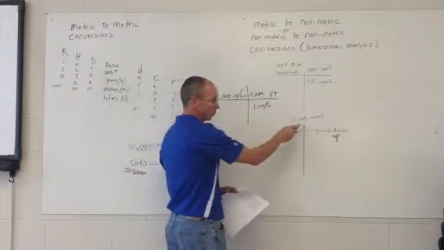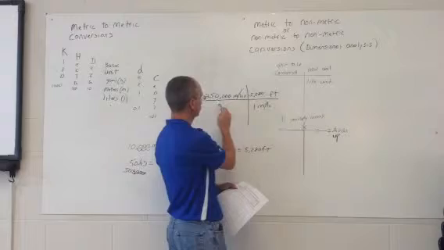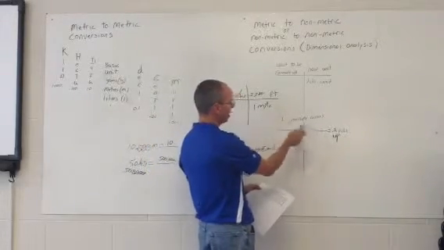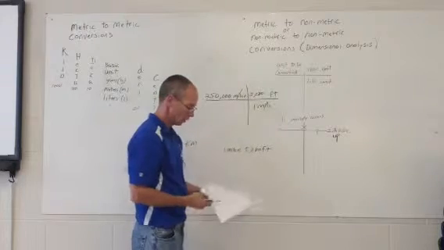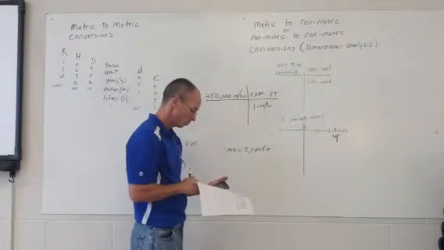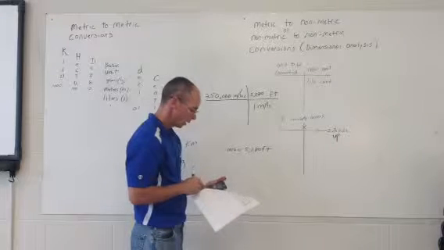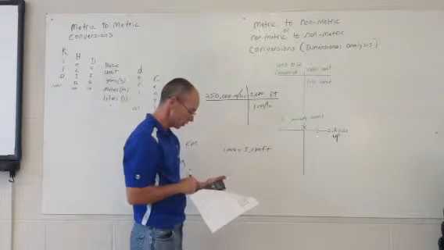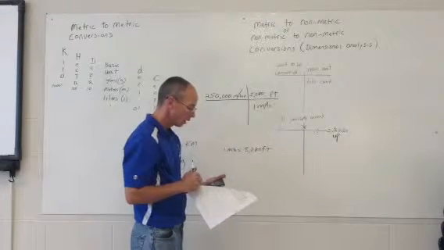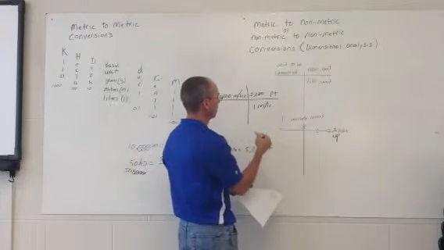Now, multiply across the top. So 250,000 times 5,280. And then divide up. So divide by 1. Okay, so I'm going to take 250,000 and multiply that by 5,280, and I get a big number.